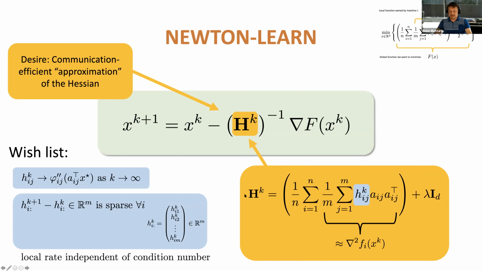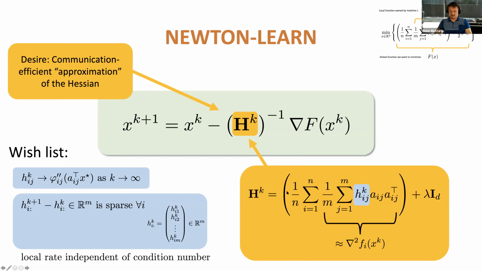So the server has its previous H^k and takes from node i one float, h_ij for one particular j, and the a_ij vector for the same j, creates the rank 1 matrix and adds it to its own H^k. It does this for every single node, so it adds n rank 1 matrices to this H^k.